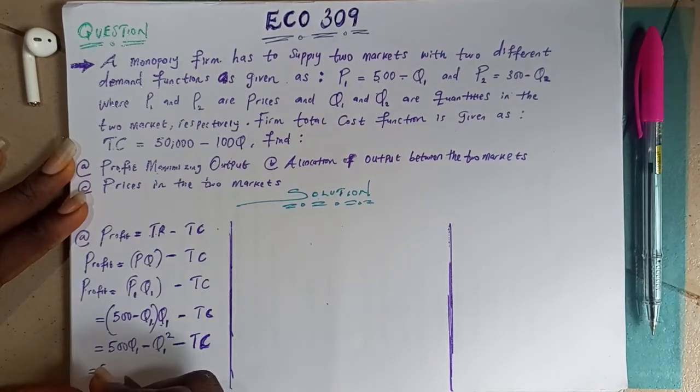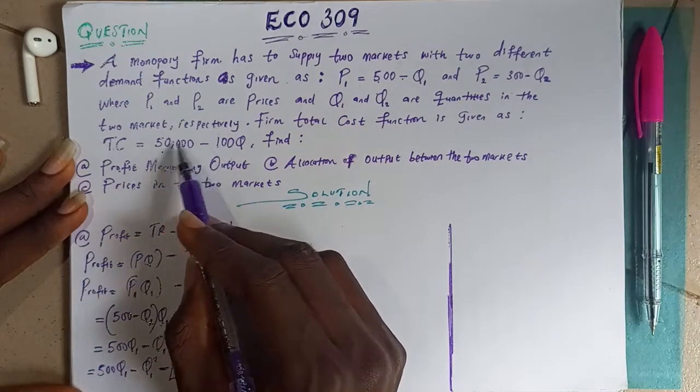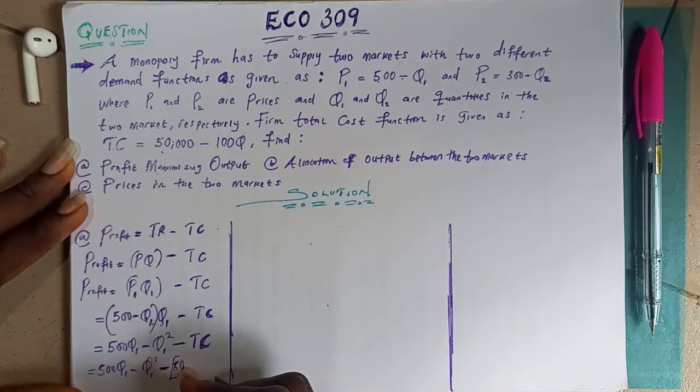The total cost function is given from the question, and this is a negative sign, so please make sure you open a bracket. The total cost function is 50,000 minus 100Q.